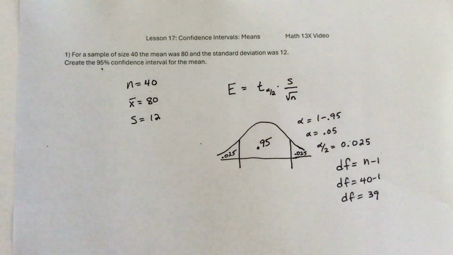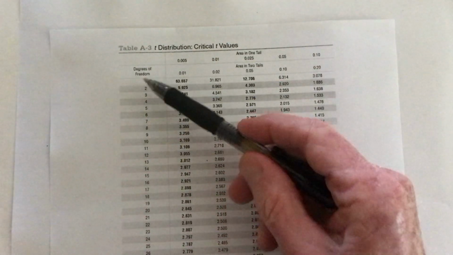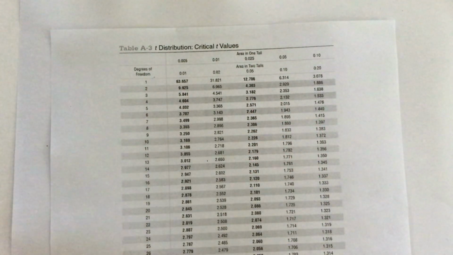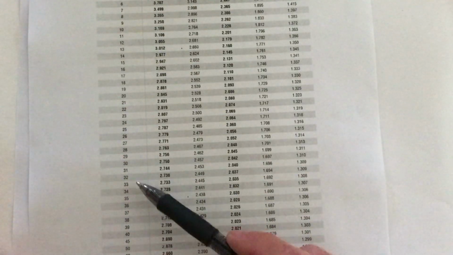So if you're using the table for the t distribution, the degrees of freedom is over here. So then we just go down until we find 39. And if they don't have 39, you just use whatever's closest. So there is the 39.